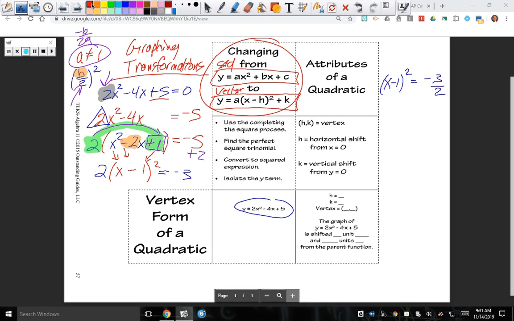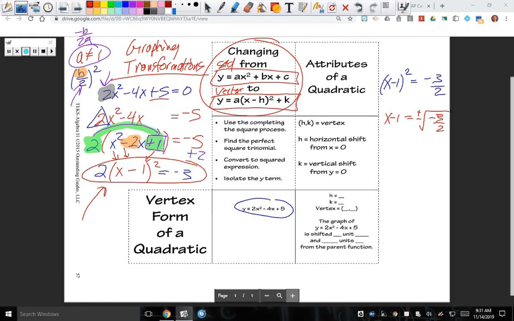Take the square root of both sides. So if I take the square root of both sides on this one, I'm going to have x minus 1 is equal to plus or minus the square root of negative 3/2. See where I'm at right here? Did we understand how I got there?